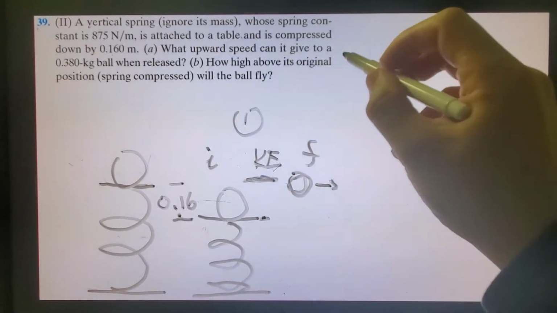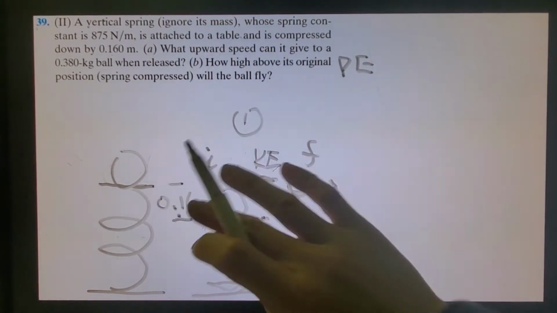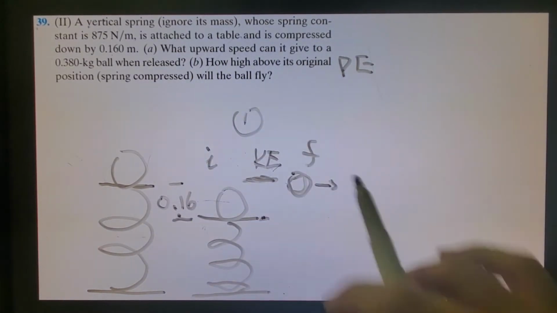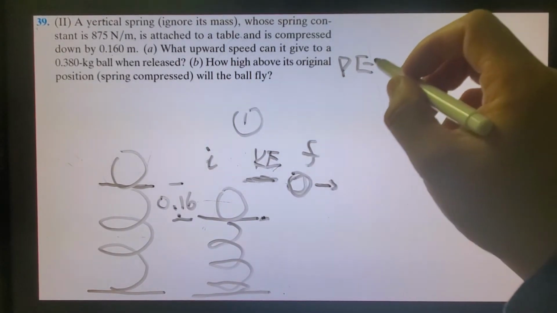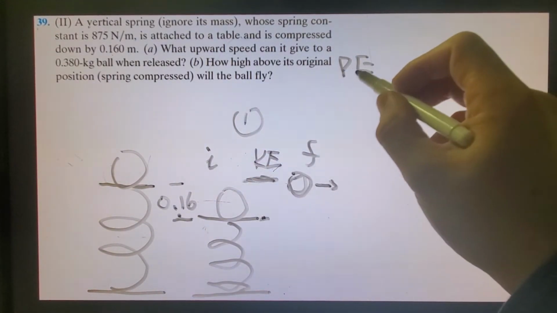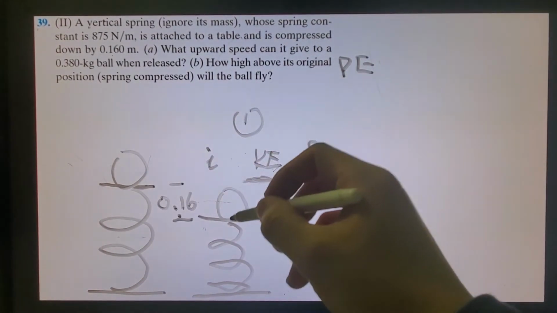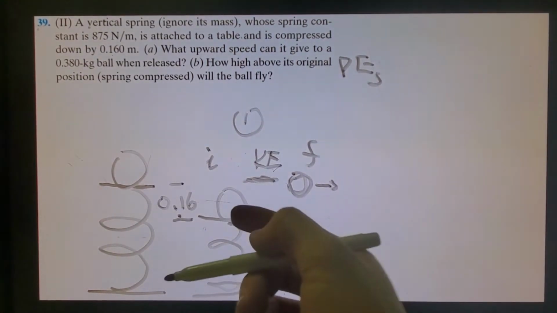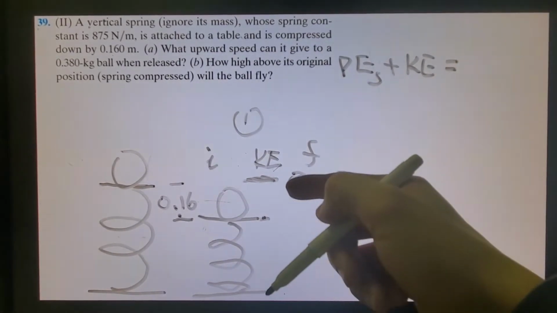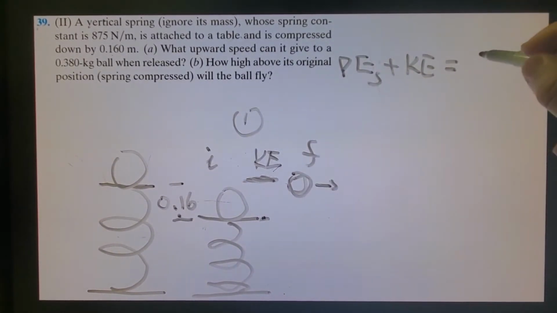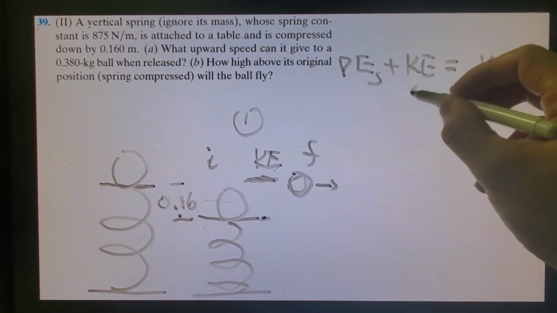Initially, I have potential energy. Let's ignore gravity, the potential energy mgh, and just take the part from the spring, plus the kinetic energy, which is 0 initially.